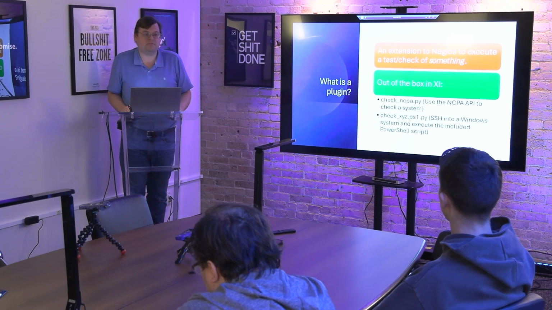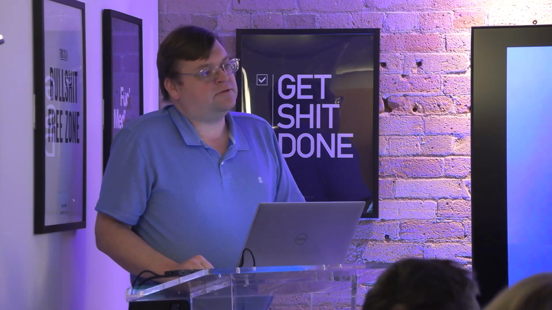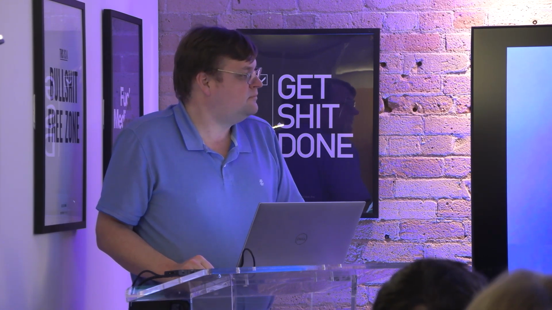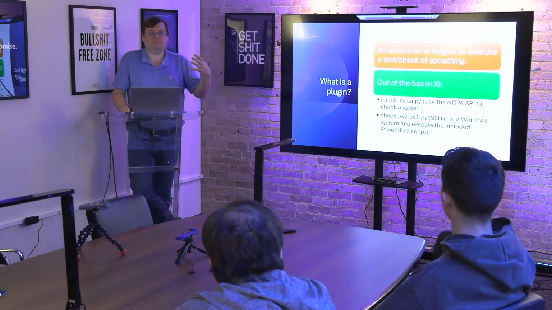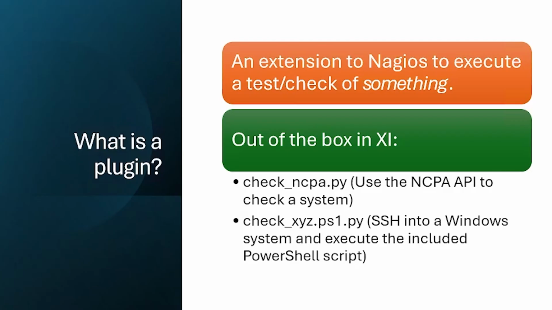It's a Python script that interfaces with the NCPA agent on a server, Linux, Windows, Mac, many different environments, to provide checks on that system. Other ones that you may see are these check_blah_blah.ps1 and Python scripts.